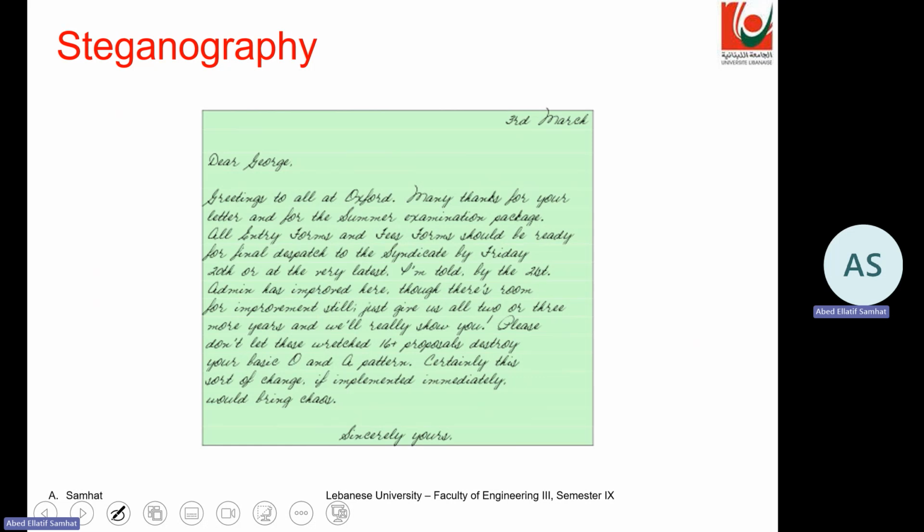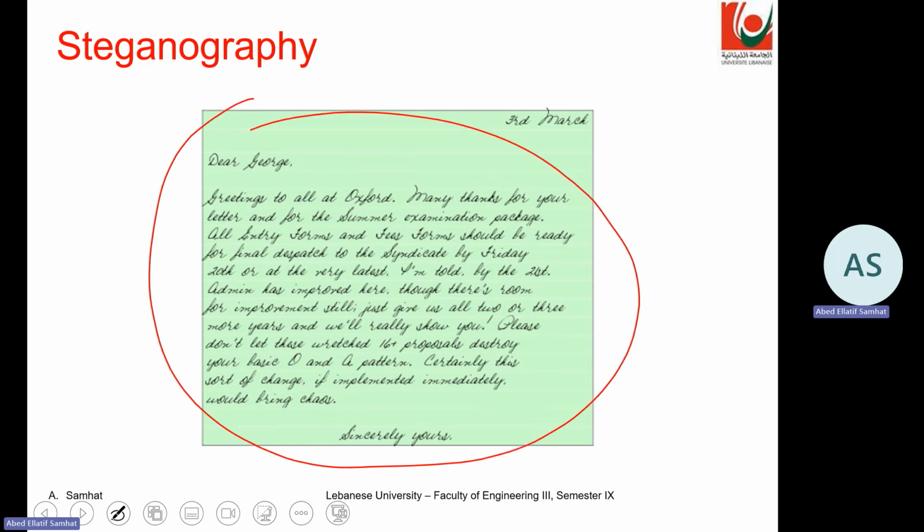In steganography, the sender will try to include the text in a message like this, and it's not possible without the secret key to know the message.